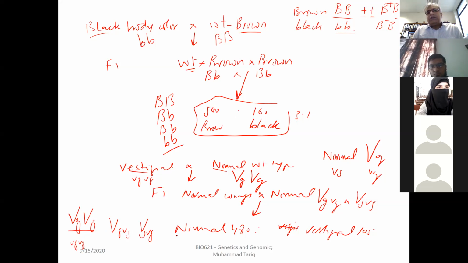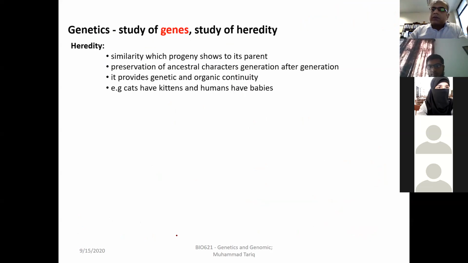But they were getting strange numbers. So as monohybrid they were fine. These are monohybrid crosses, isn't it? He said they are monohybrid. These are monohybrid crosses.